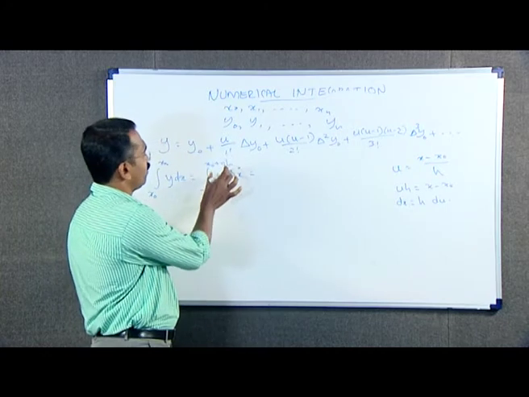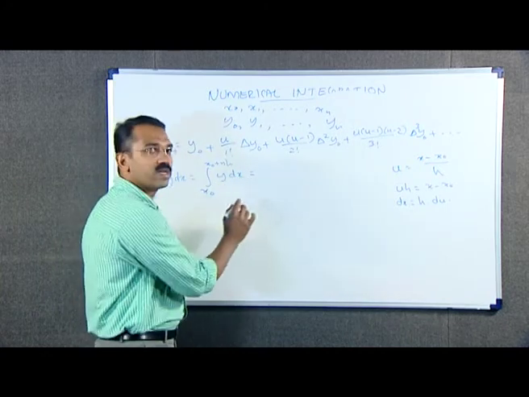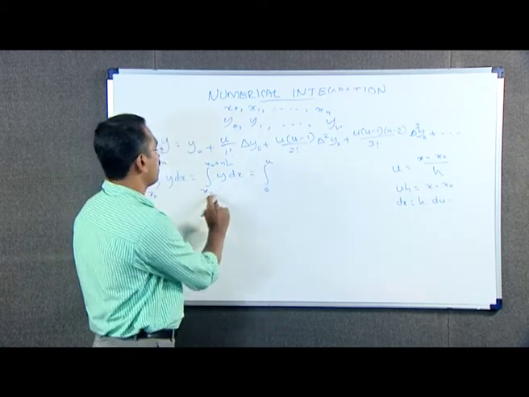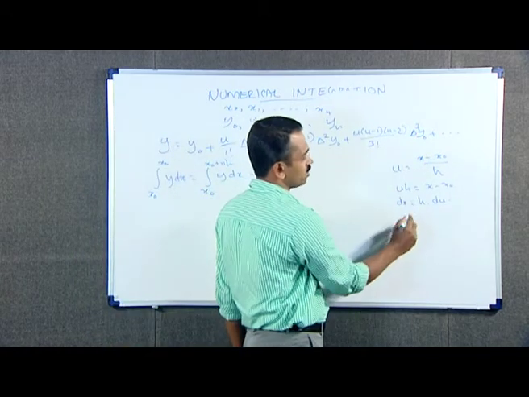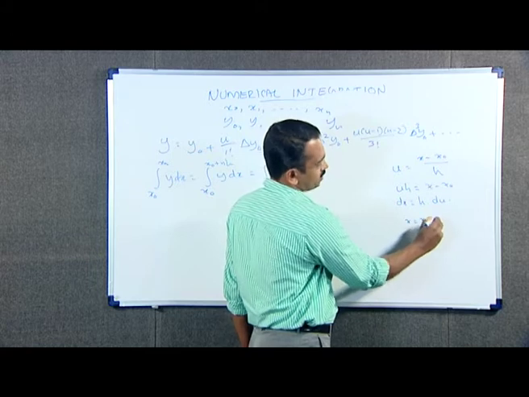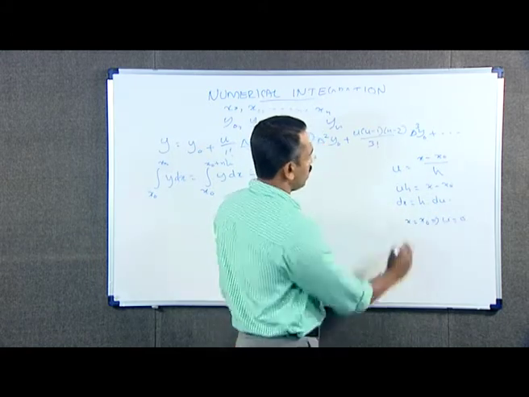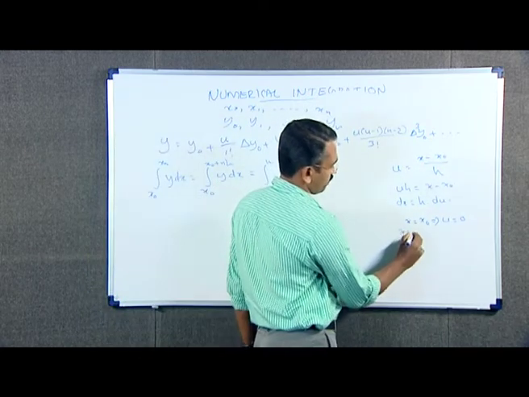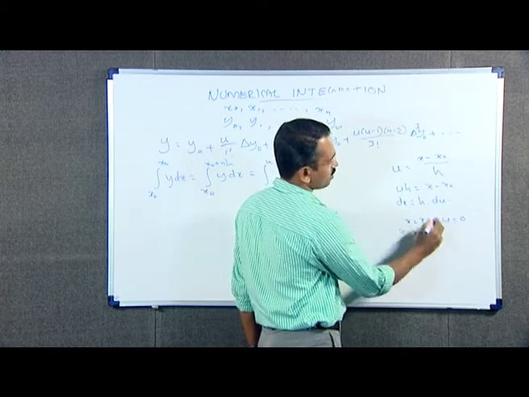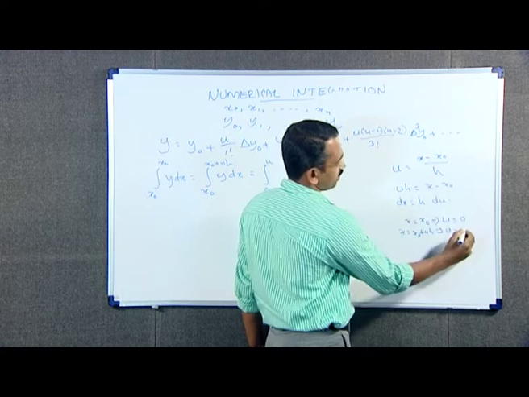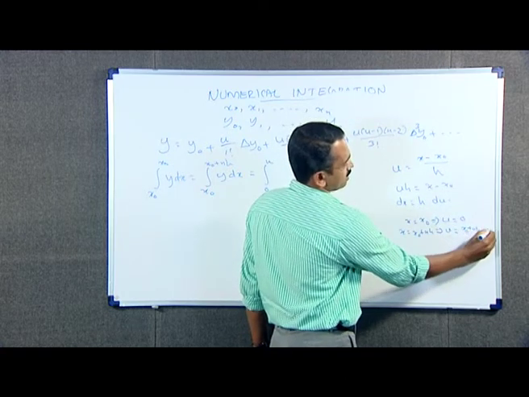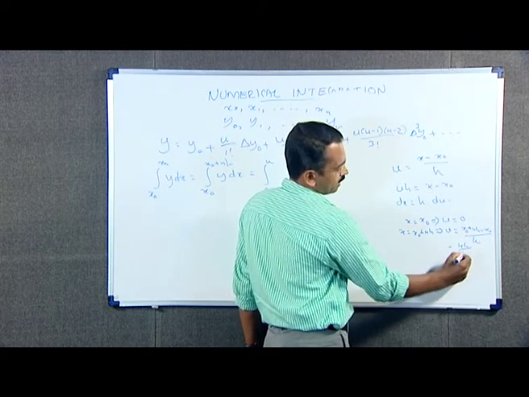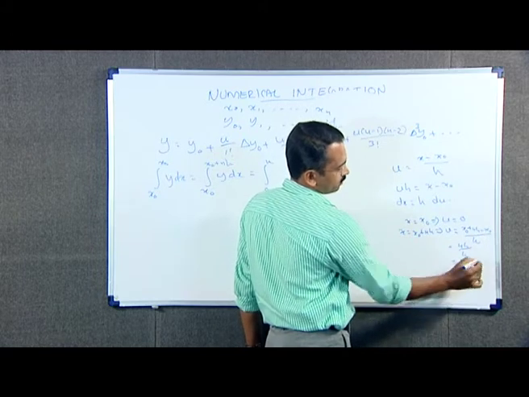Therefore, we write this equal to integral from 0 to n, because if x equal to x naught, we get u equal to 0, and if x equal to x naught plus nh, we get u equal to x naught plus nh minus x naught divided by h, that is u equal to nh divided by h, that is u equal to n.